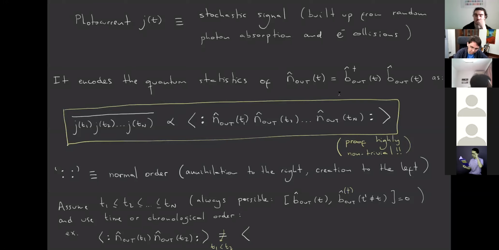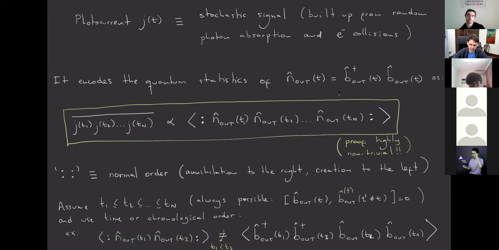Then after all, if we have this situation in which T1 is smaller than T2, and we have the normal order of n out of T1, T2, then we can always write it as B out of T1 dagger, B out dagger of T2, then B out of T2, sorry, and B out of T1. Okay?